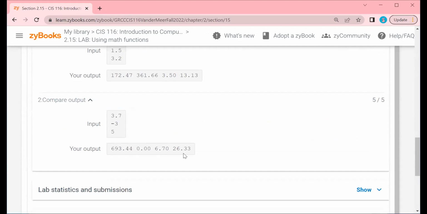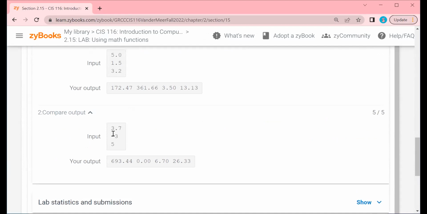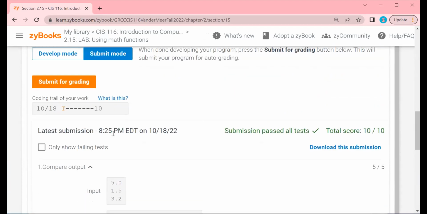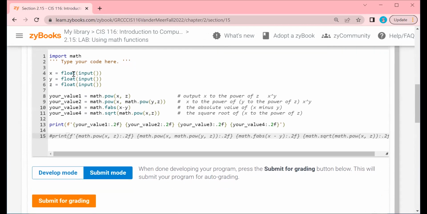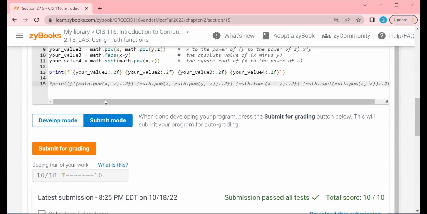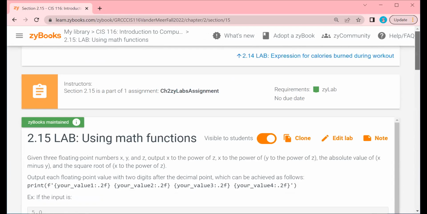Oh, I thought the inputs had to be floats as well. Well, floats can store whole numbers, but integers can't store floats. Okay, so that's the difference there. I get it.